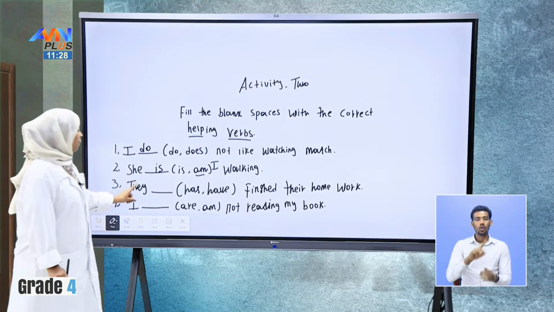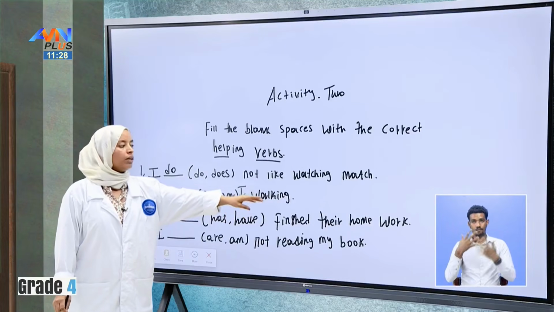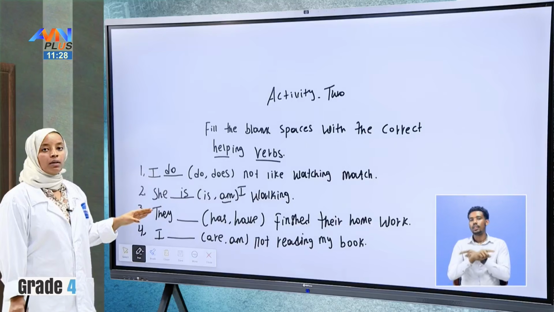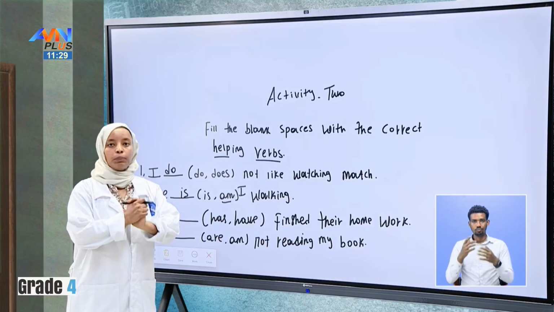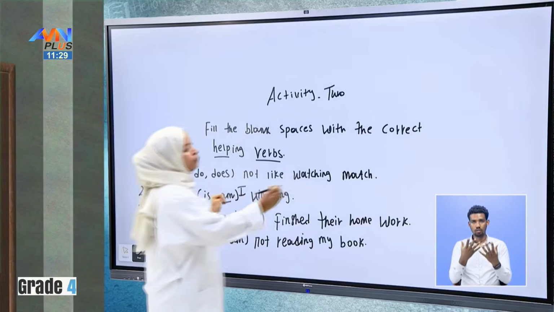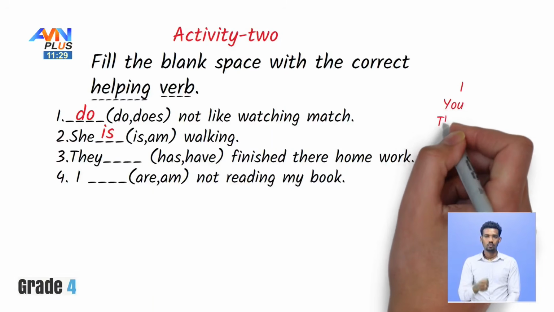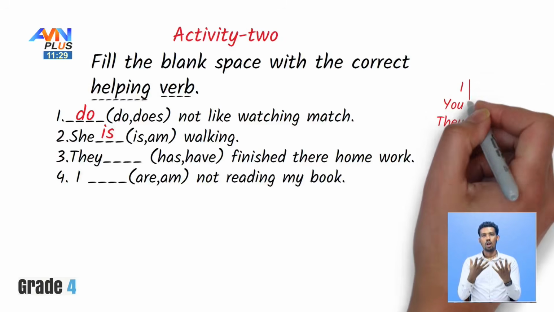Question number 3. They blank has or have finished their homework. Here they is already a plural pronoun, like you, they, we. Here it is plural. So use what? Have.